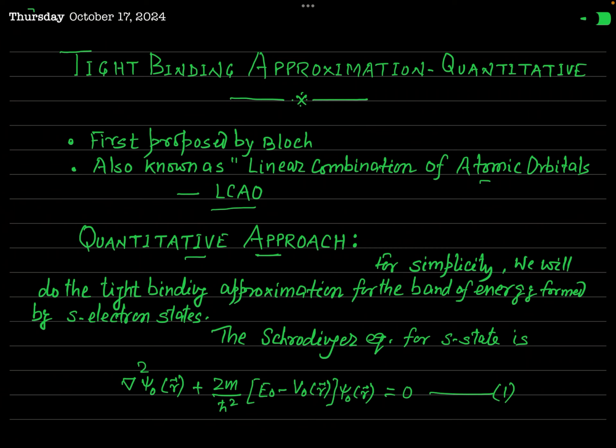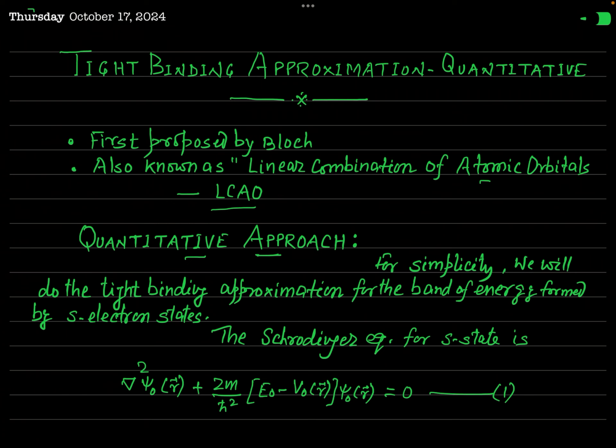But when the atoms are moved close and a solid is formed, there is an appreciable overlapping of wave functions of the atoms.